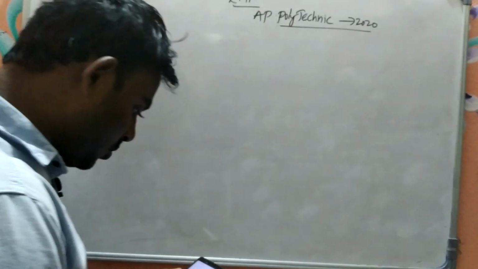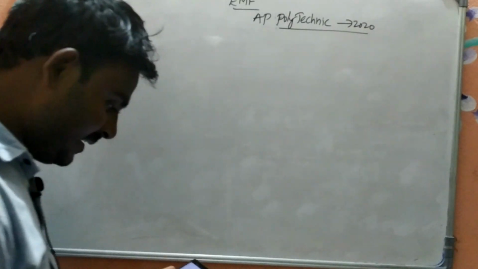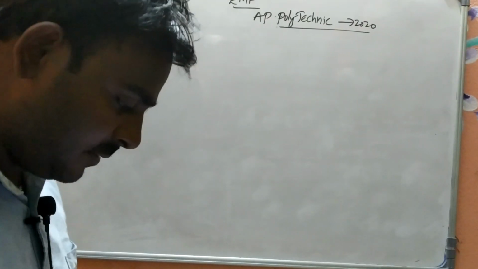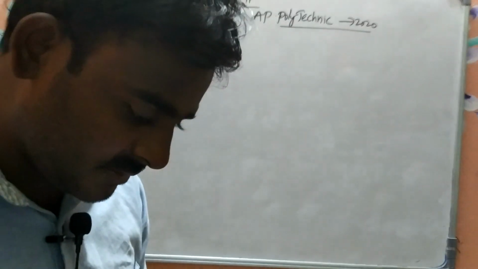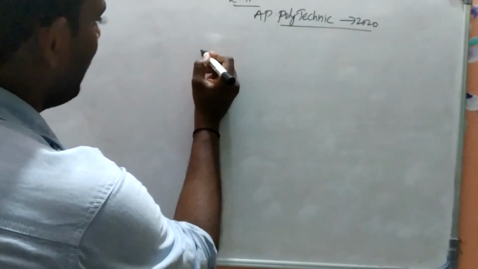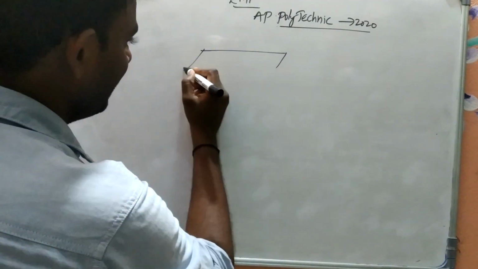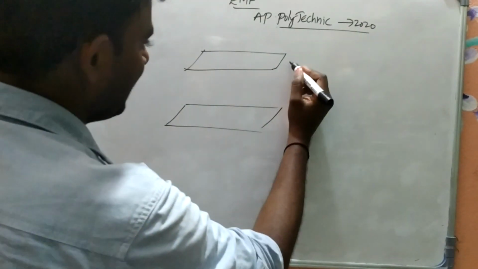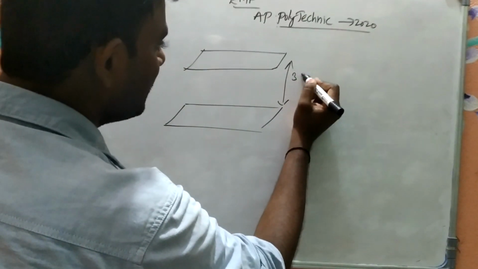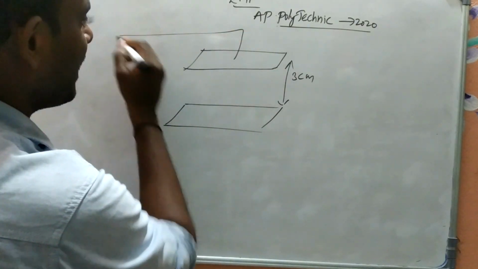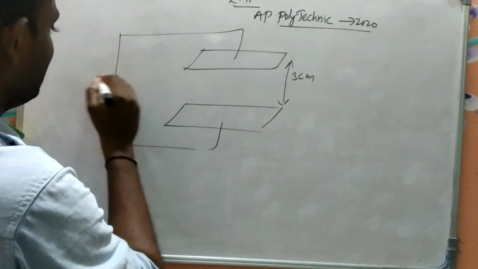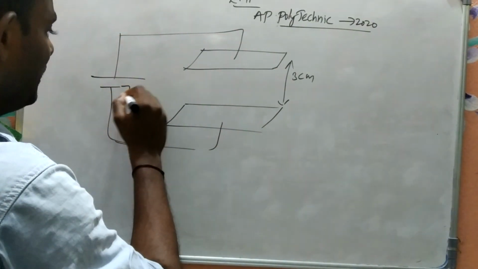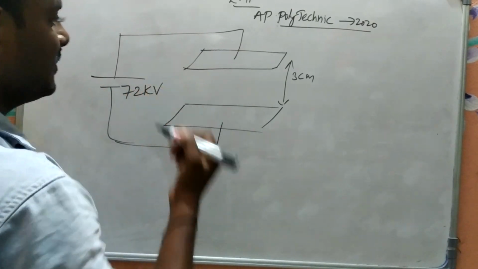Another question: 2 parallel conducting plates separated by 3 centimeters. Okay. So the question is like this: you have 2 parallel plates separated by 3 centimeters, and these 2 parallel plates are supplied with a potential difference of 72 kilovolts.